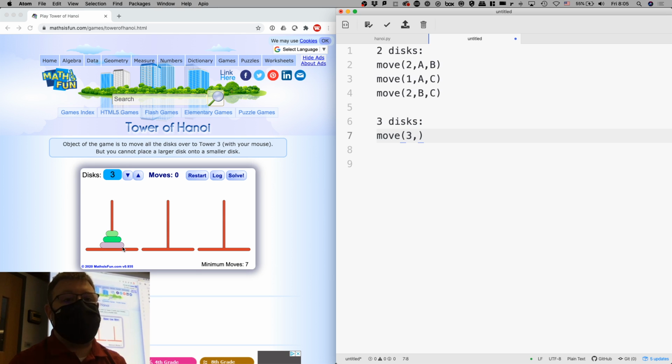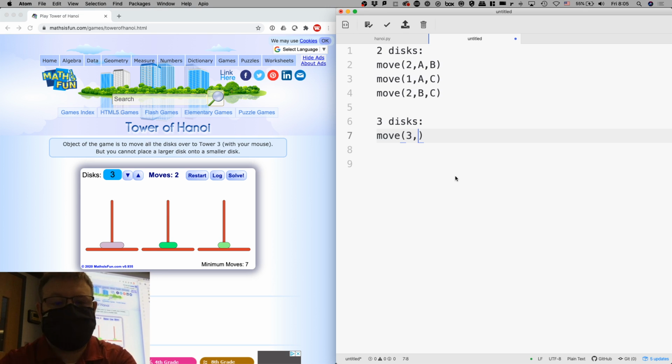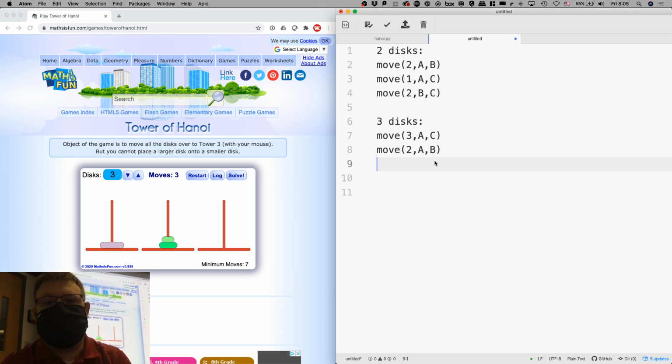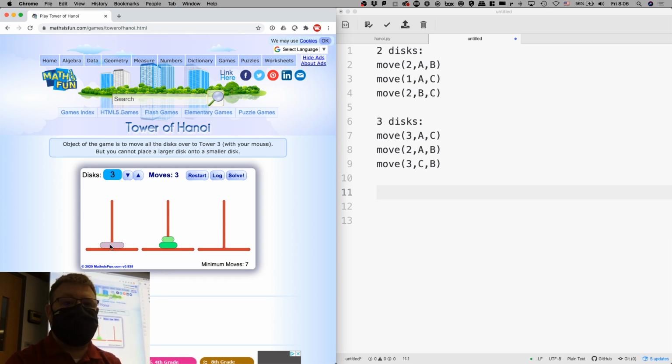Then we can move the very bottom one to C, and then we can move the top 2 back onto it. So I need to move disk number 3, which is the smallest one, over to C, then disk number 2 to B, then I can move disk number 3 from C back to B. That means the big one at the bottom is open, so I can move it from A to C.